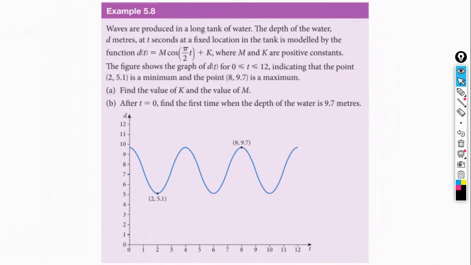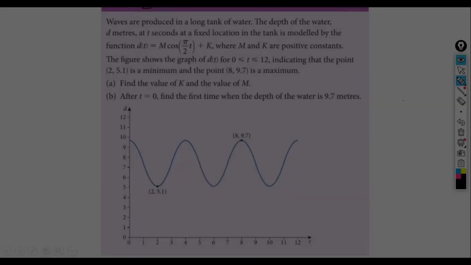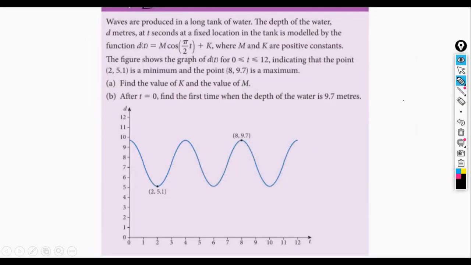So we continue with example 5.8, and it says, waves are produced in a long tank of water. The depth of the water, d meters, at t seconds at a fixed location in the tank is modeled by the function d of t equals m times cosine of pi halves times t plus k, where m and k are positive constants.